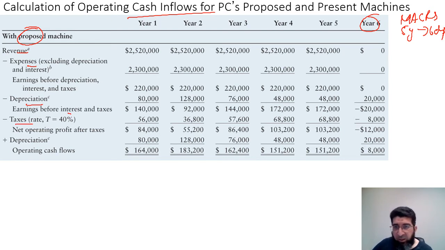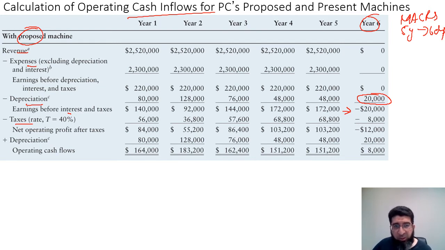You can see that we have the depreciation charged to the 6th year as well, and so earnings before interest and taxes is, there is a loss in the 6th year, and then we have applied taxes, which is minus 8,000, which is also negative. When the tax is negative, it is a tax saving.